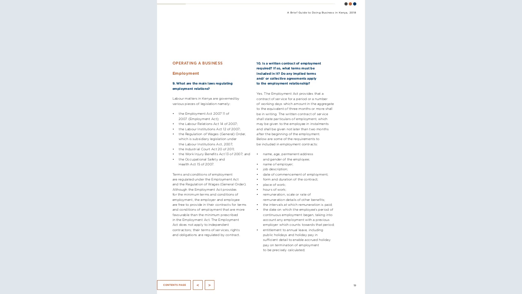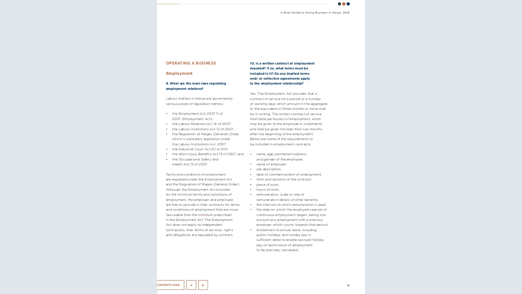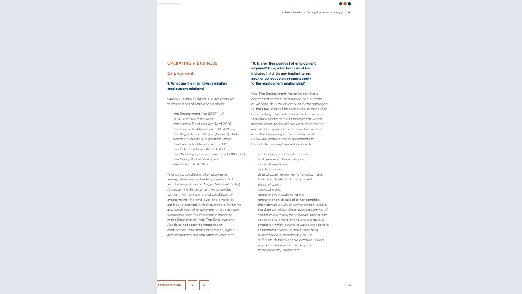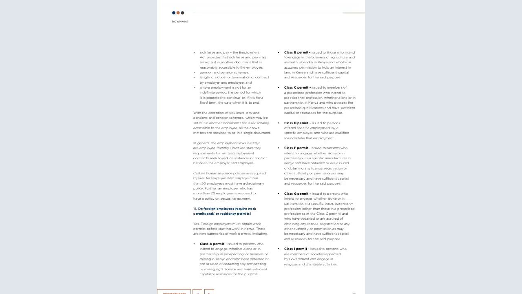The gender of the employee, the name of the employer, the job description, the date of commencement of the employment, form and duration of the contract, the place of work, the hours of work, the remuneration, scale or rate of remuneration, details of other benefits, the intervals at which the remuneration is paid, the date on which the employee's period of continuous employment began, taking into account any employment with a previous employer which counts towards continuous employment, and entitlement to annual leave, including public holidays and holiday pay, in sufficient detail to enable accrued holiday pay on termination of employment to be precisely calculated.